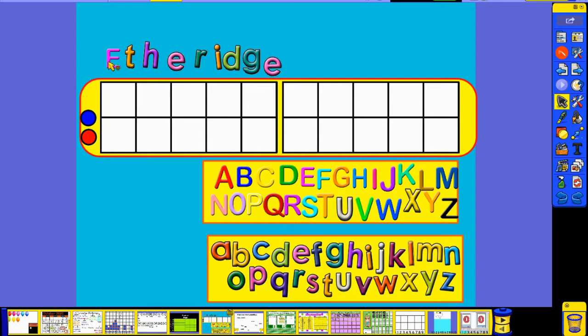Okay, I'll make it fit on my little spot here. We're going to compare my name and Miss Landrum's name. Okay, so here's Etheridge. Let's see how many letters Miss Etheridge has in her last name. Count with me. 1, 2, 3, 4, 5, 6, 7, 8, 9. So I have 9 letters in my last name.